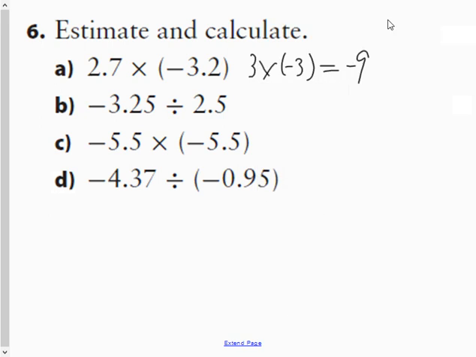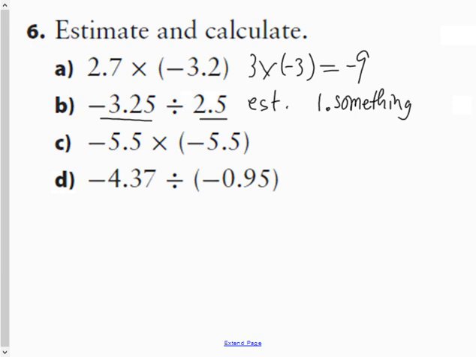My next one, I am going to estimate using money. So $3.25 divided into piles of $2.50. I can make a pile, but I can't make another pile. So I can make a pile, but I can't make 2 piles. So 1 decimal something. Not quite sure what it is, but 1 decimal something is all we need.